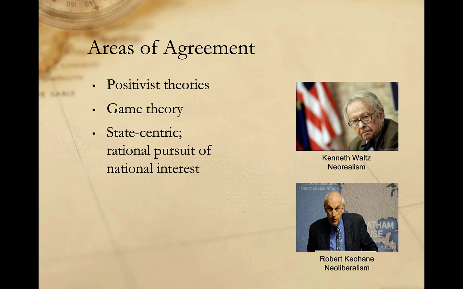They're both state-centric theories, believing that the state is the most important actor in global politics and that the state behaves in a rational manner in pursuit of the national interest. Finally, unlike classical liberals, neoliberals accept the realist assertion that the international system is defined by a condition of anarchy that shapes state behavior. But even within these areas of agreement, there are some important differences.